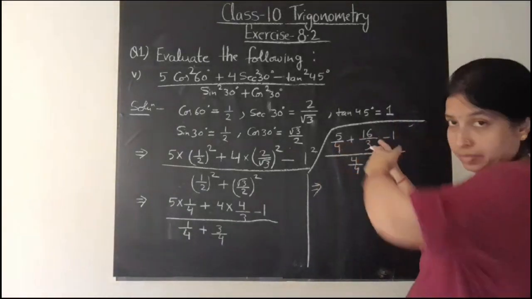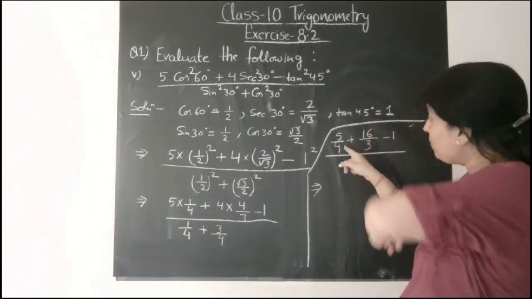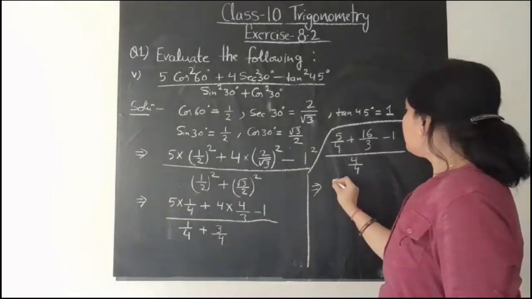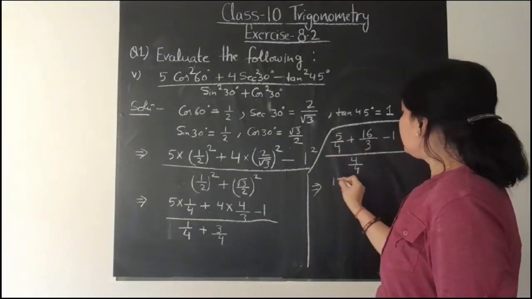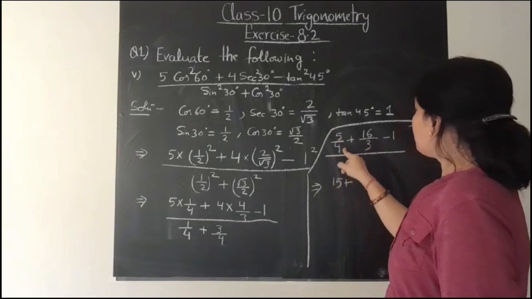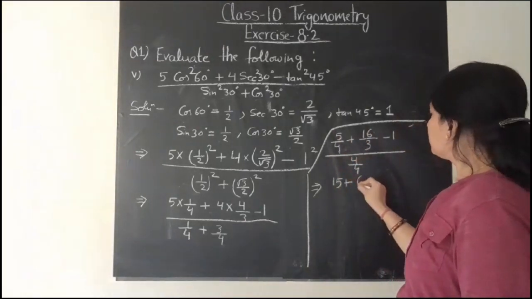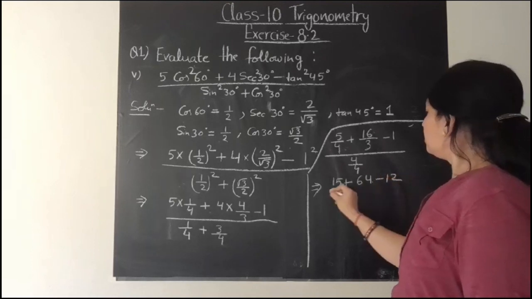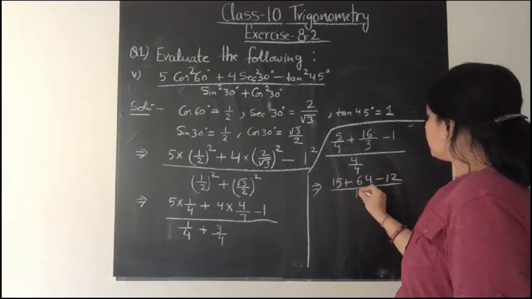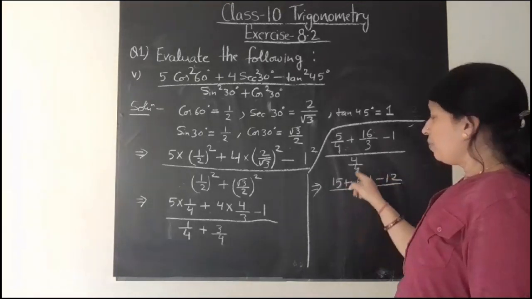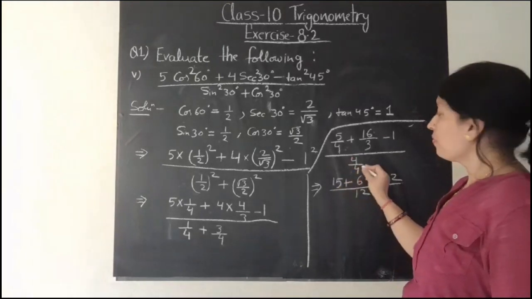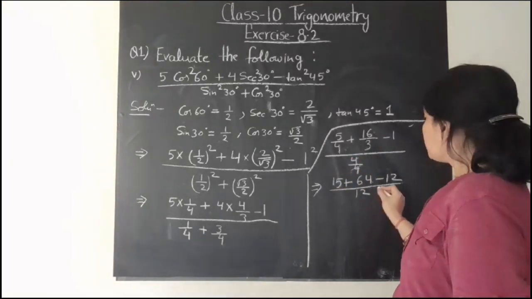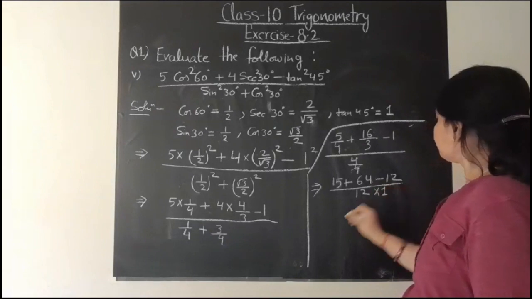Again take here LCM will be 12. So it will come 5 3 ja 15. 16 4 ja 64 minus 12 divided by 12. And 4 divided by 4 will be 1. So you can write here 1.